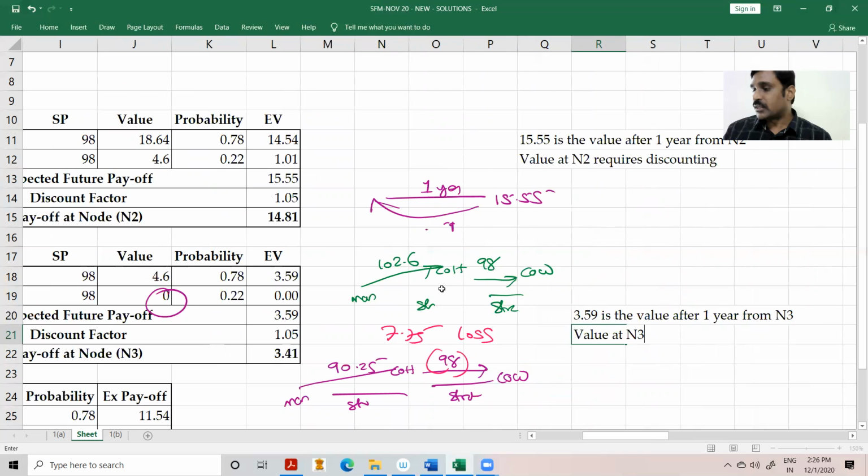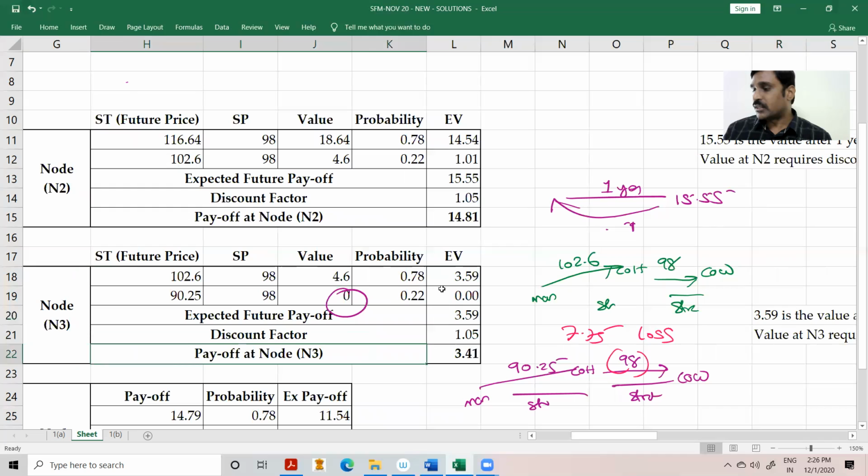Be clear. Some students make the mistake of not discounting it. Therefore, the value at N3 requires discounting by 1.05. Using 1.05 as the discounting factor, 3.59 gets discounted to 3.42.